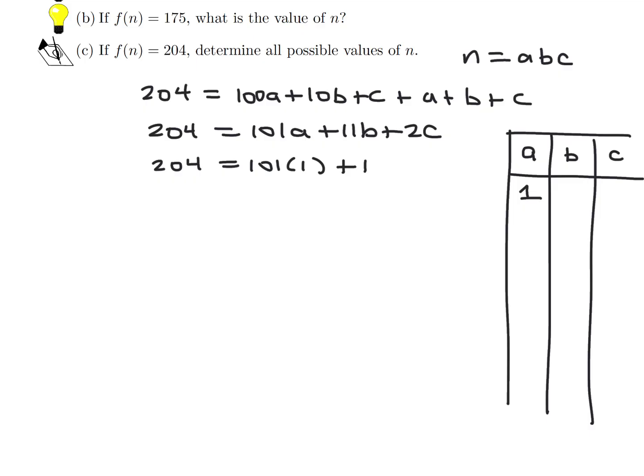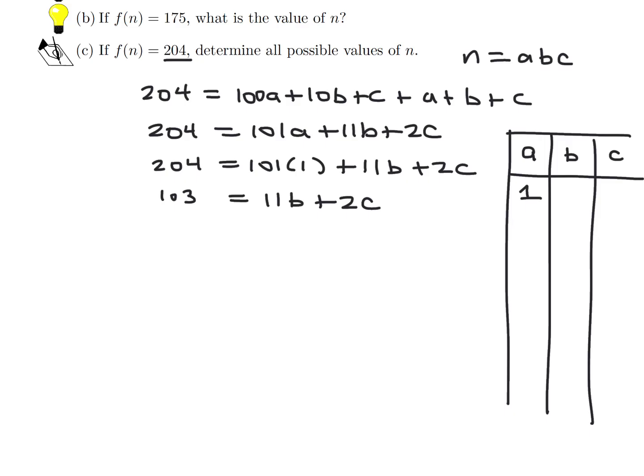Why does it look the same to me? 101a plus 11b plus 2c. Yeah, I think that's right. But this is 204. Well, I guess it's right. I'm just getting a little suspicious as to why it looks identical. But if it's identical, it shouldn't be a big deal. Okay, so let's do this. So that would be 103 is 11b plus 2c. All right, I'm confident that that is correct.